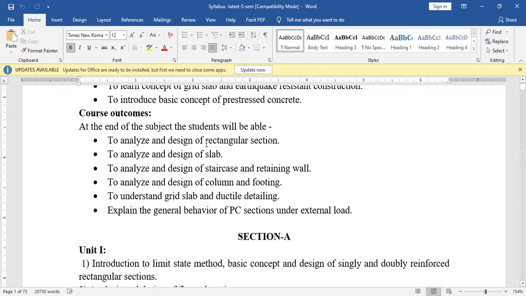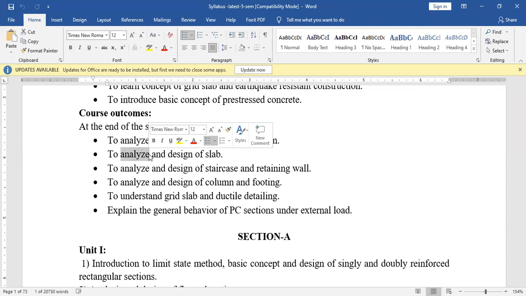A rectangular section, or rather, we'll say it's a beam part. So beams are there. How to design that? How to design a slab? Here, the analysis part means how to calculate shear force and bending moment from whatever loading is given.